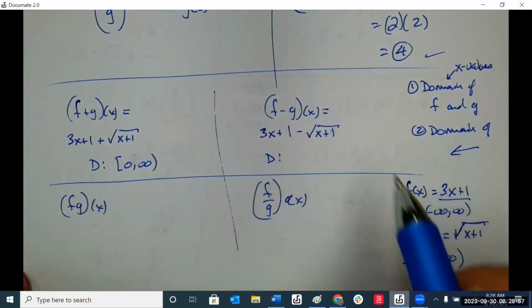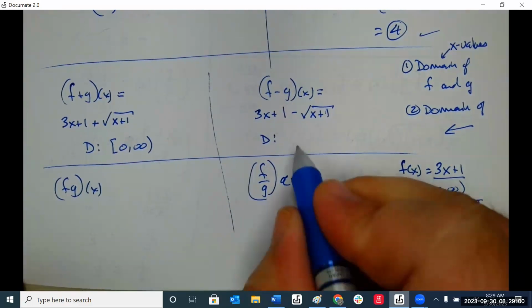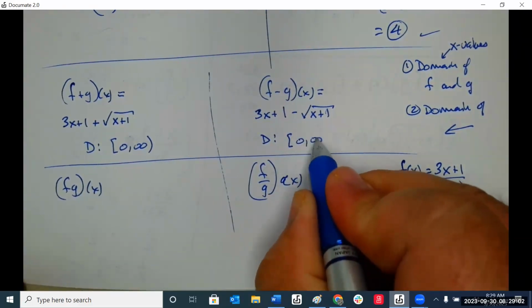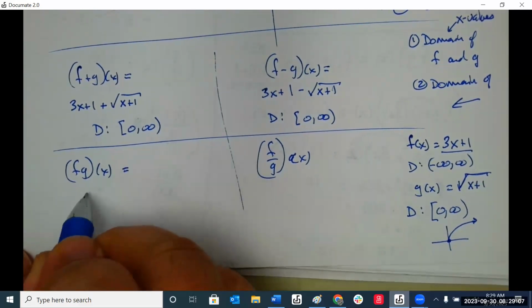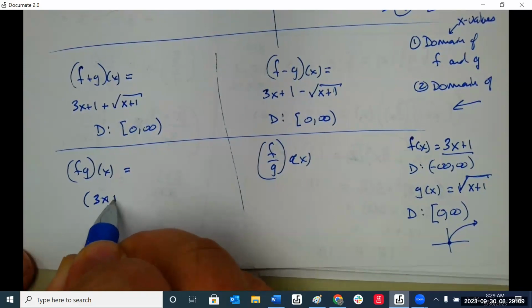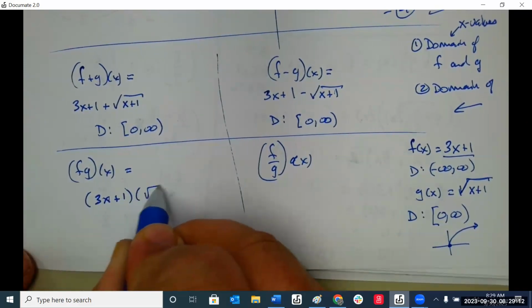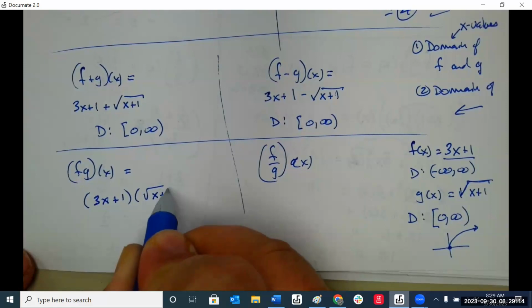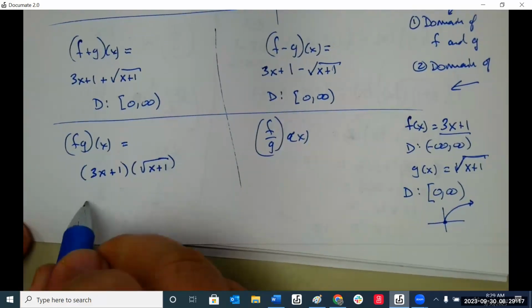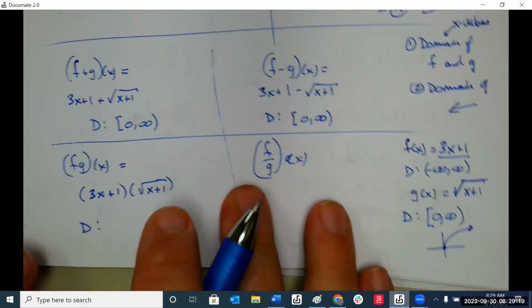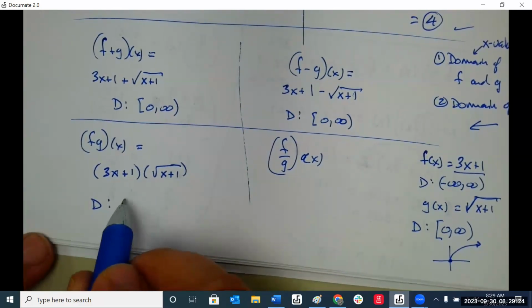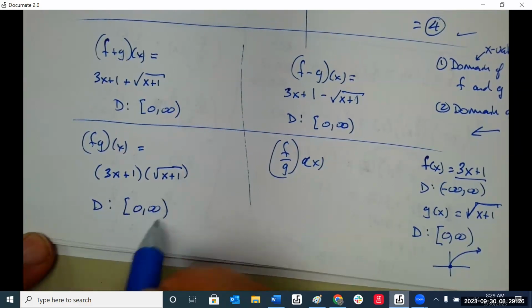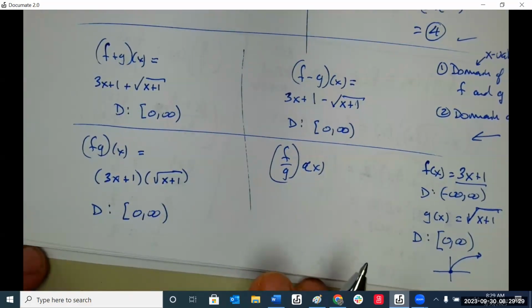What's the domain here? Very good. What's the domain in the third one? Why? Yeah, because you still have a square root there.